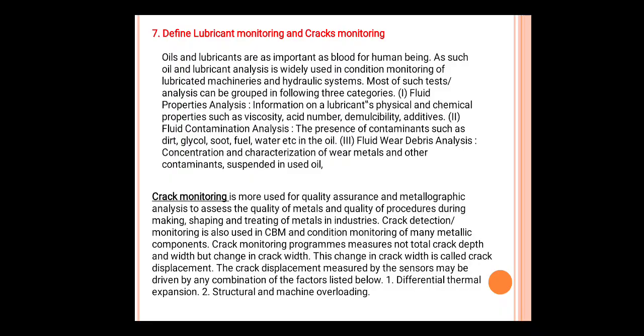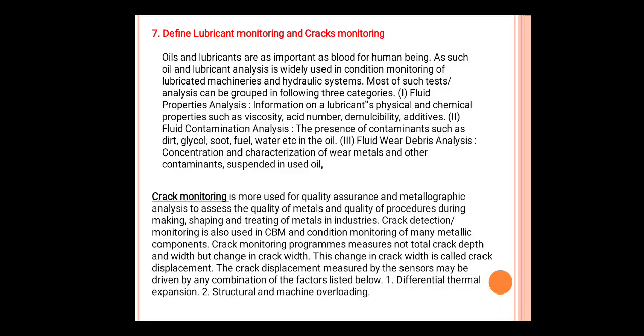Next, crack monitoring is more used for quality assurance and metallographic analysis to assess the quality of metals and the quality of procedures during making, shaping and treating of metals in industries.